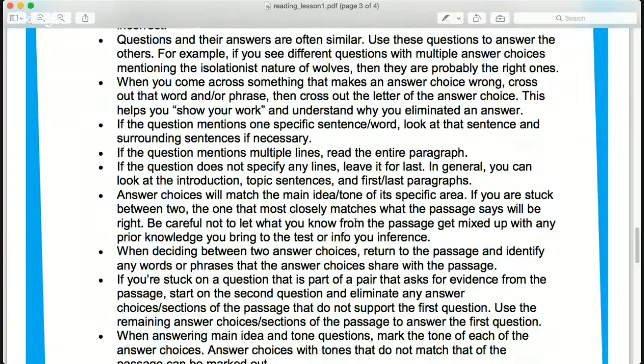When you come across something that makes an answer choice wrong, cross out that word or phrase, then cross out the letter of the answer choice. This helps you show your work and understand why you eliminated an answer.